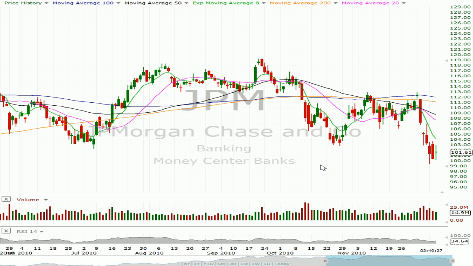It's options 101. The second way to make money on calendar spreads is with implied volatility changes. So this one's a little bit different. Short-term contracts tend to have higher implied volatility than longer-term contracts. So there's going to be a spread between the two, right? It's not always the case, but it tends to be the case more often than not.